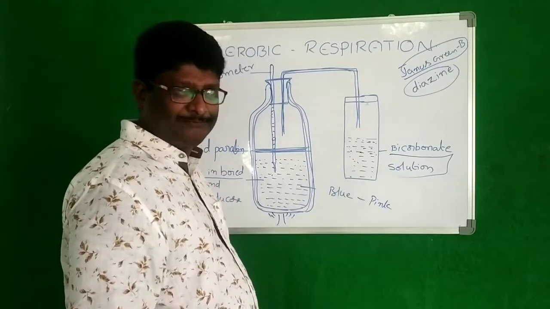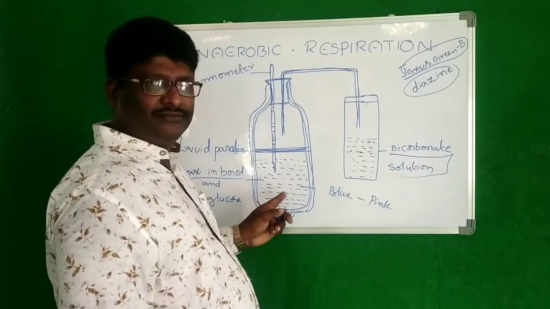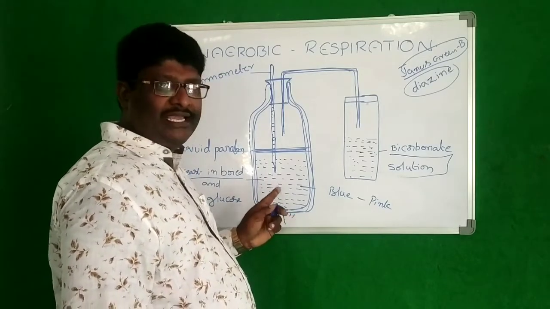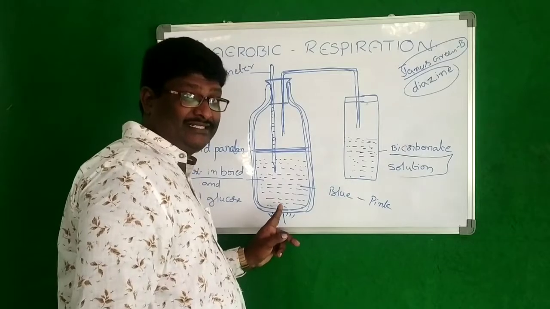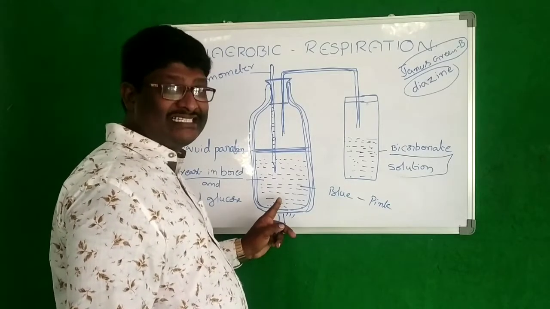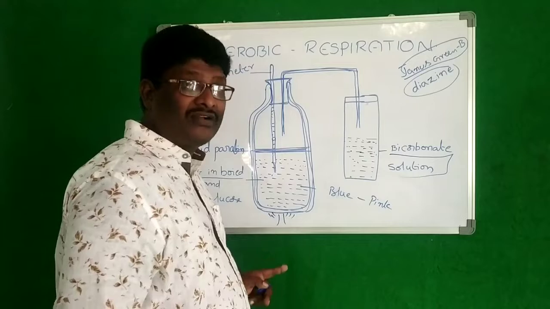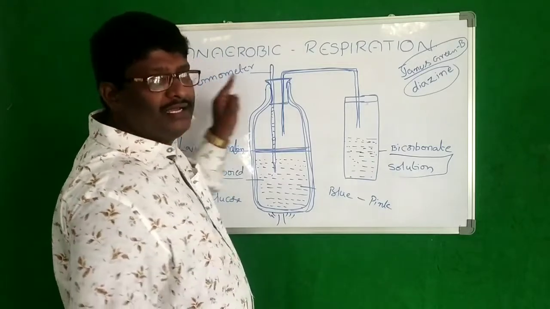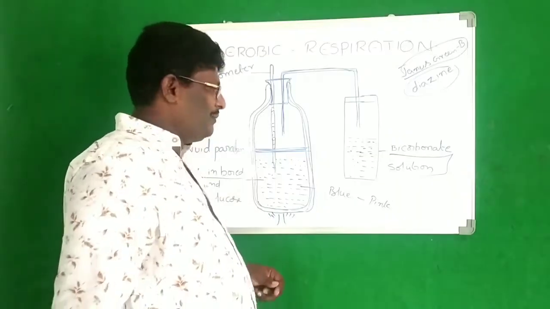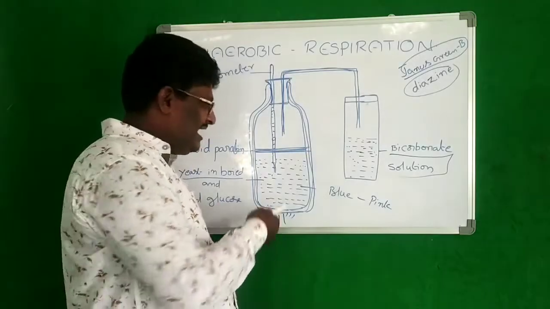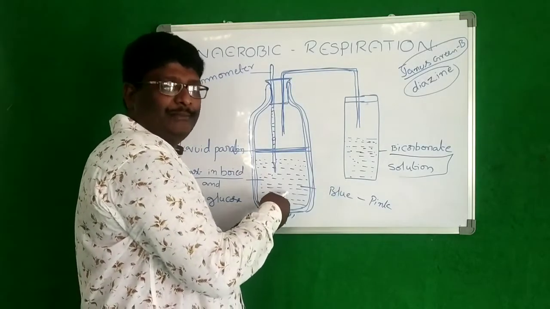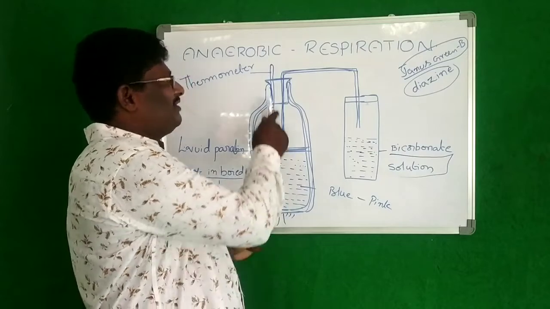It means here a respiration process takes place with the help of these yeast cells in the absence of oxygen. That is called anaerobic respiration. In anaerobic respiration by the yeast cells, a little amount of energy is released.